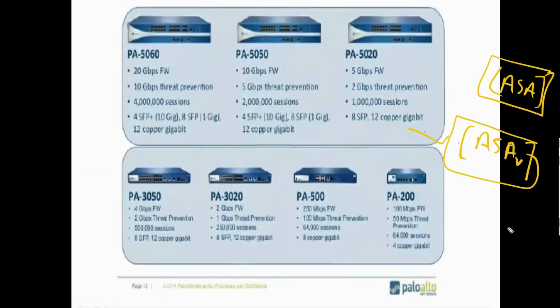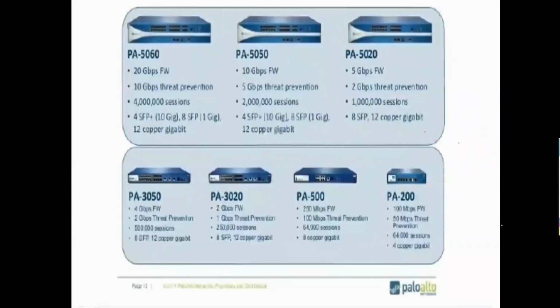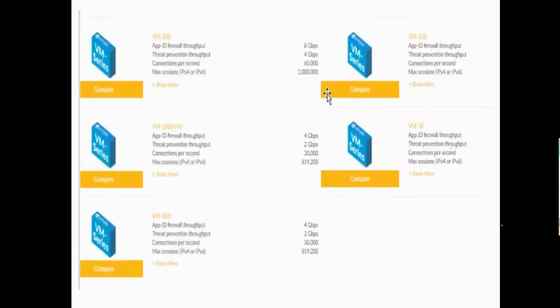ASAv is a complete firewall that you can deploy in a data center in a virtualization scenario. So like other vendors, Palo Alto gives you the option for a VM firewall box. Either you can go with the physical boxes or the VM firewall box. Everyone see, this is the series for VM firewall box: PAVM 500, PAVM 1000, HV 300, 100, and PAVM 50.